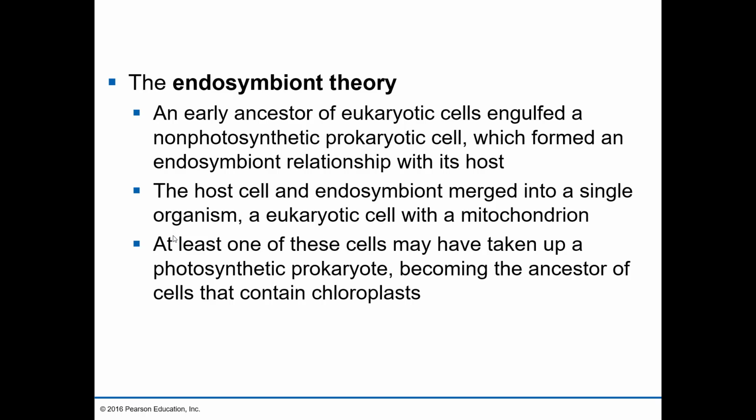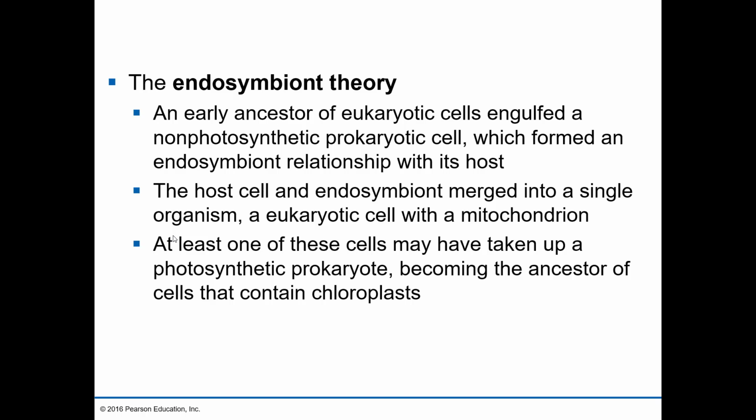is that an early ancestor of eukaryotic cells engulfed a non-photosynthetic prokaryotic cell and formed this endosymbiotic relationship with its host. Instead of eating it, it just formed a relationship. So the host cell and the endosymbiont merged into a single organism, and that's how we believe eukaryotic cells happened.